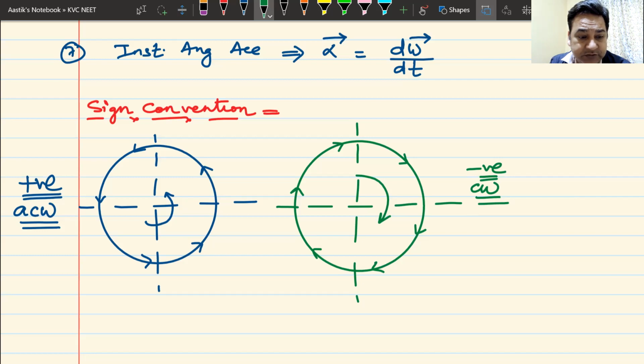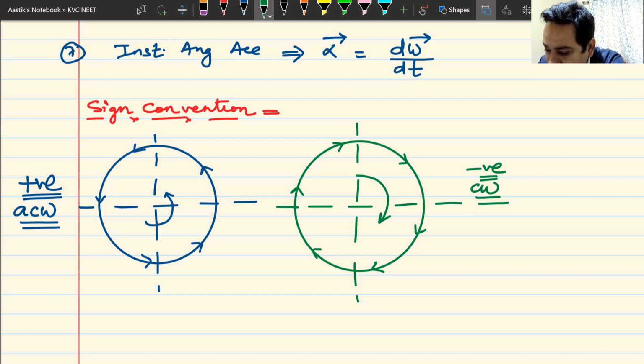Shall we move ahead? Okay, so now let us try to solve a question. Question number 1.